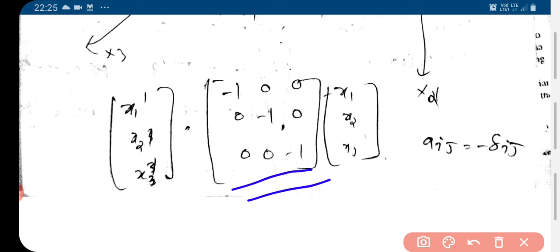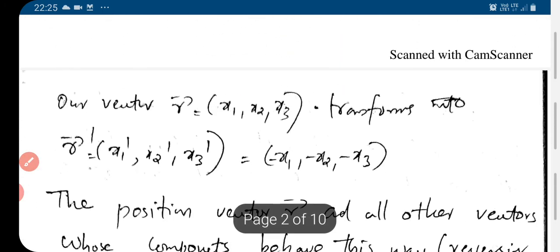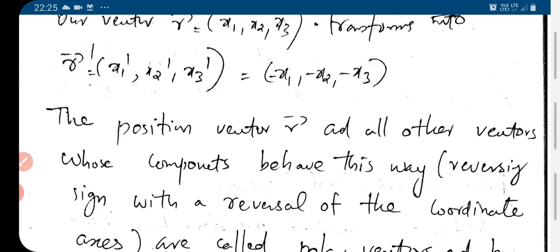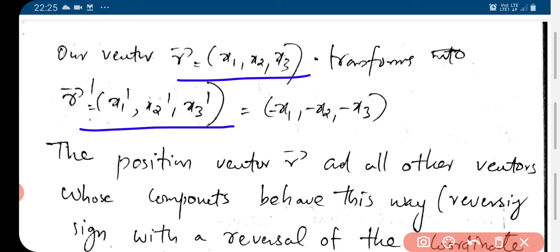This matrix multiplication will clearly give you minus x1, minus x2 and minus x3. So this is what happens in the inversion. Our original vector transforms into r prime, which is minus x1, minus x2, minus x3.